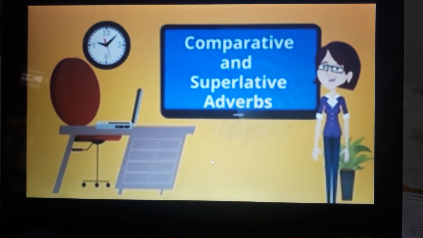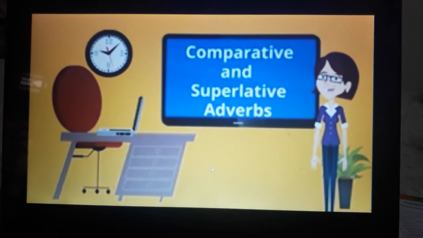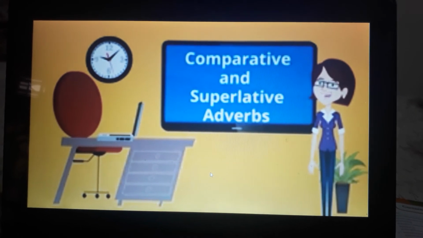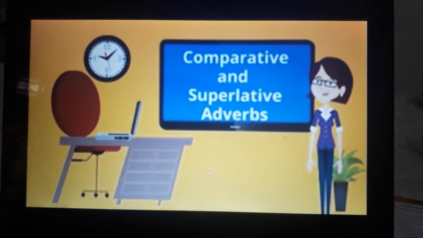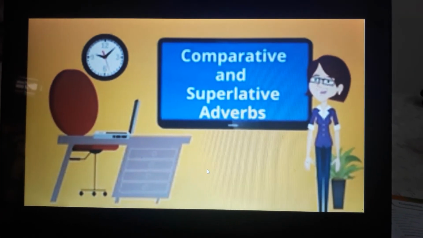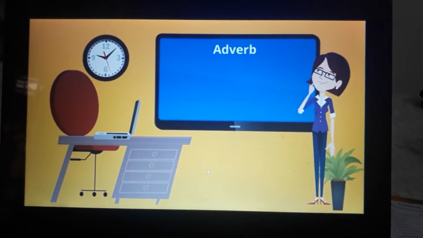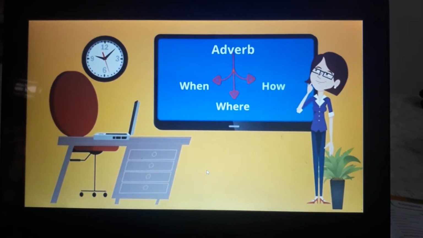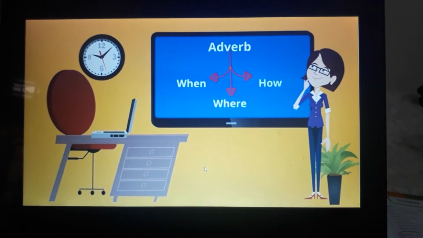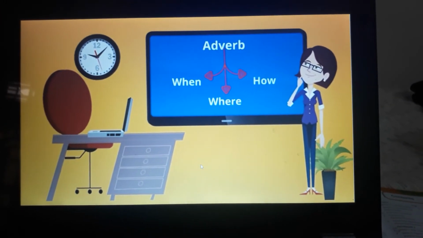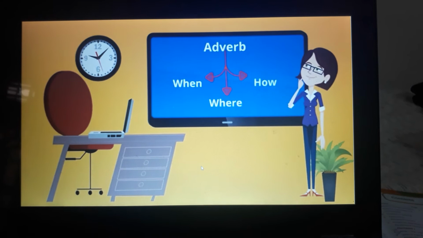Let's repeat the lecture. We talked about the adverbs. Adverbs means those words that tell you more about a verb or another adverb. An adverb will always tell you about the time, the place, the manner, the frequency, the degree of something, okay.